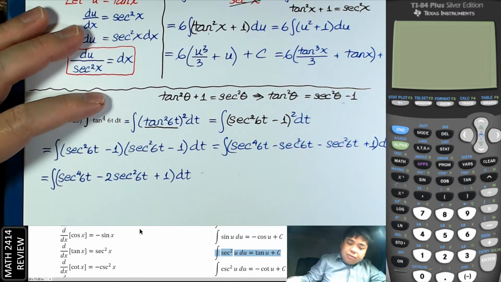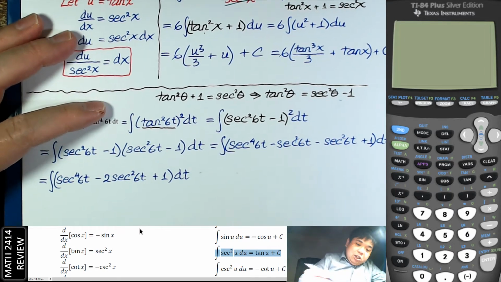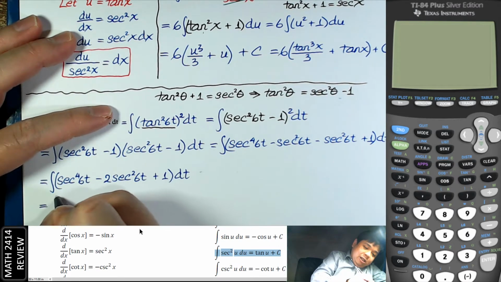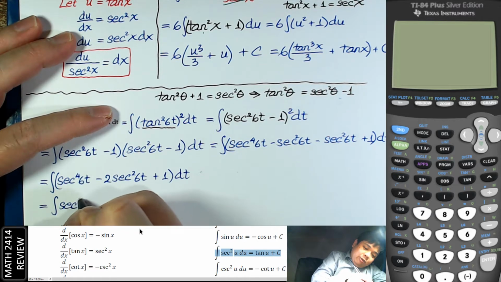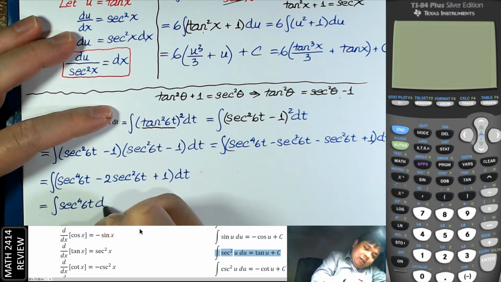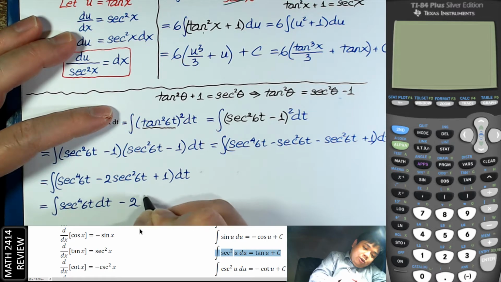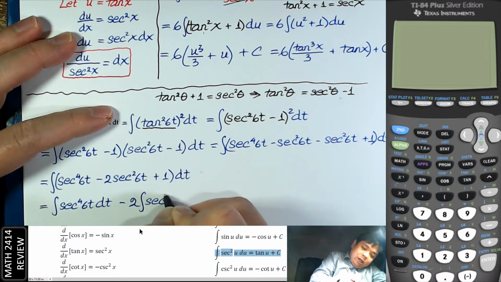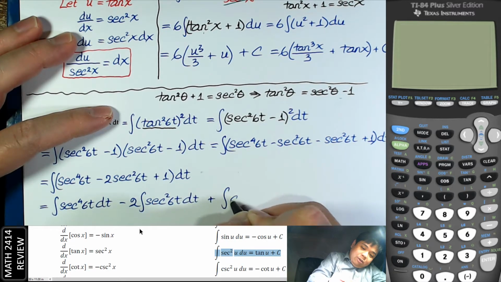Now, let's just split this in 3. Integral of secant to the 4th of 6t dt, minus 2 integral of secant square 6t dt, and integral of dt.